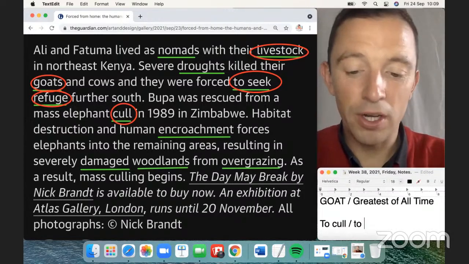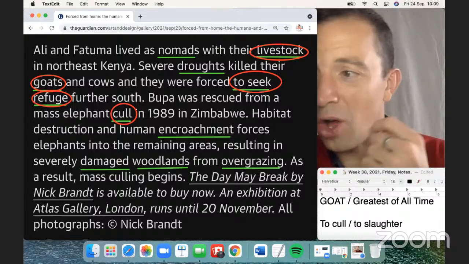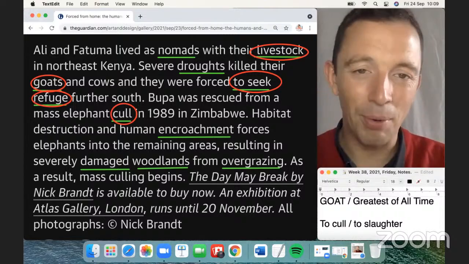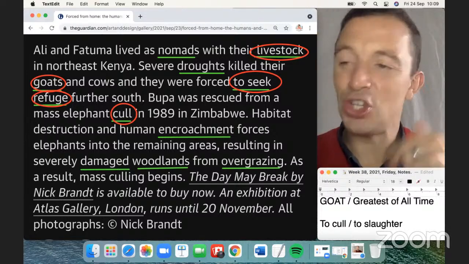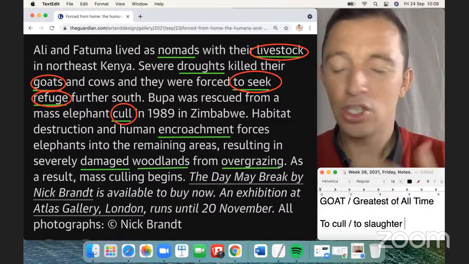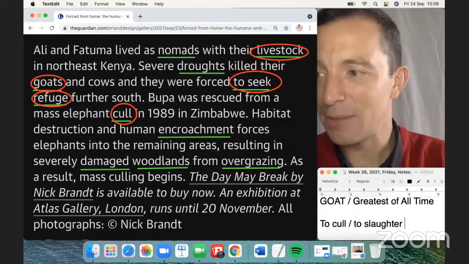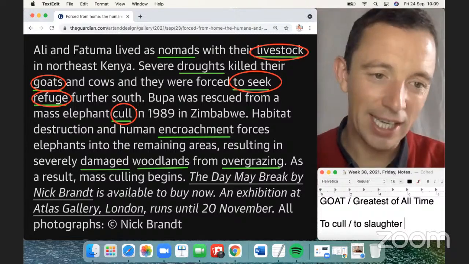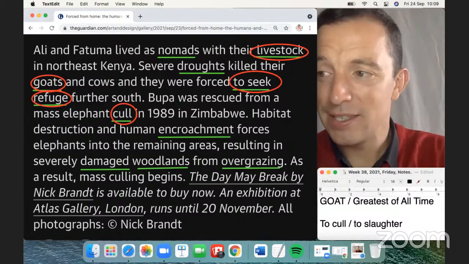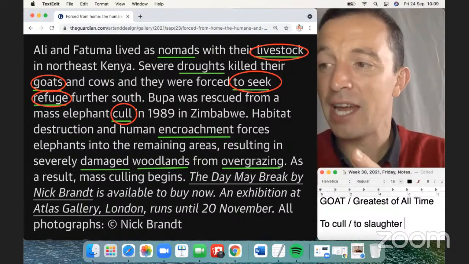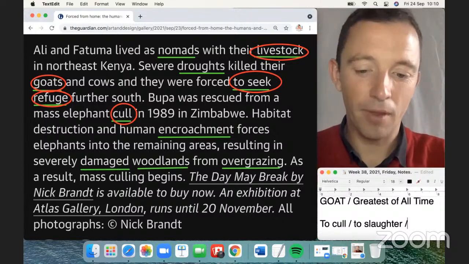There is another word, to slaughter. That's very advanced, very important, very common. To slaughter. The pronunciation, the G is silent. So to slaughter is to kill a lot of people or to kill a lot of animals. And the name of the place where they kill a lot of animals is the slaughterhouse. Okay.